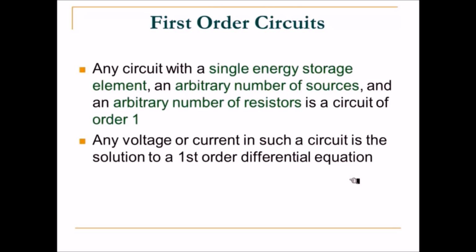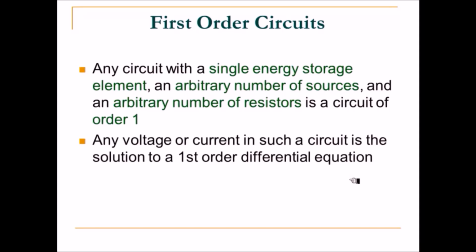Any circuit with a single energy storage element, an arbitrary number of sources and an arbitrary number of resistors is a circuit of order 1. Any voltage or current in such a circuit is a solution of a first order differential equation. So we say a first order circuit is a circuit that will have first order differential equations for voltage or current.